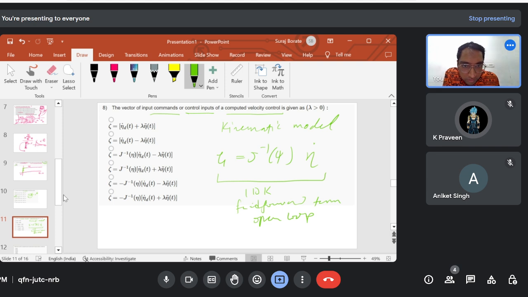Okay. And so how are we going to derive this? There should also be a closed loop term. Let me check the notes.